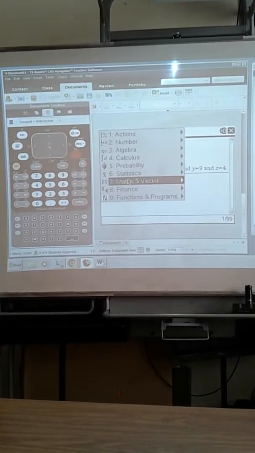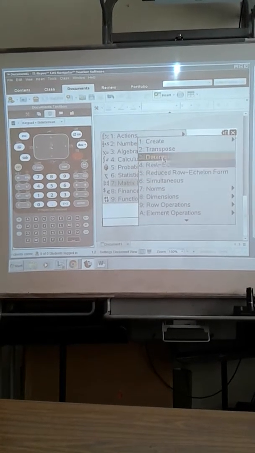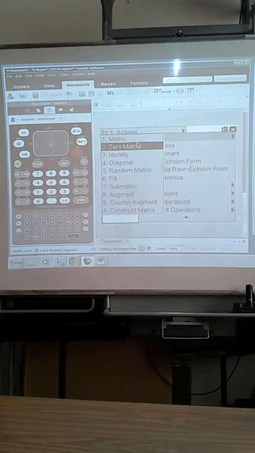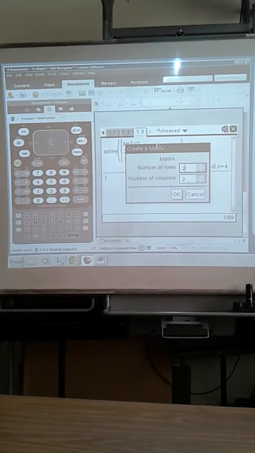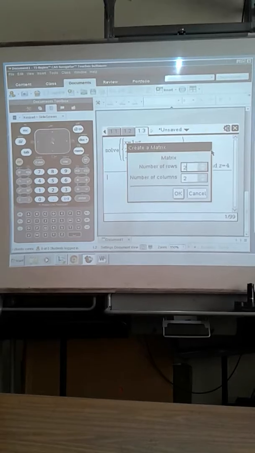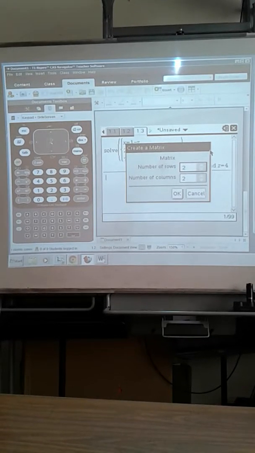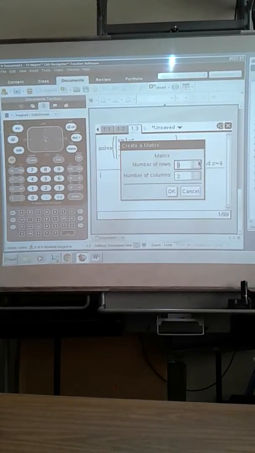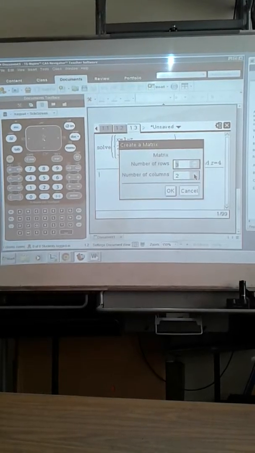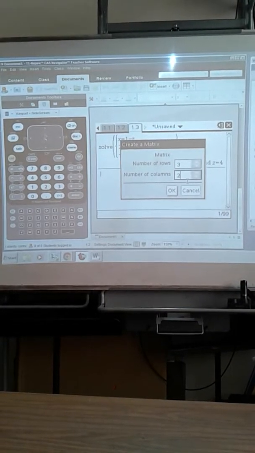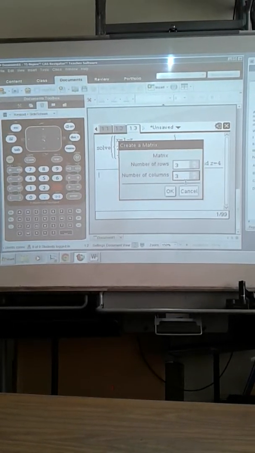I want to go to Matrix this time, and I want to create a matrix. I know that I have 3 variables and 3 equations, so I'm going to have a 3 by 3 matrix.